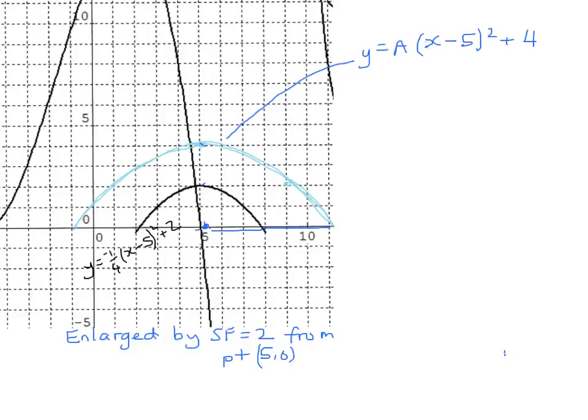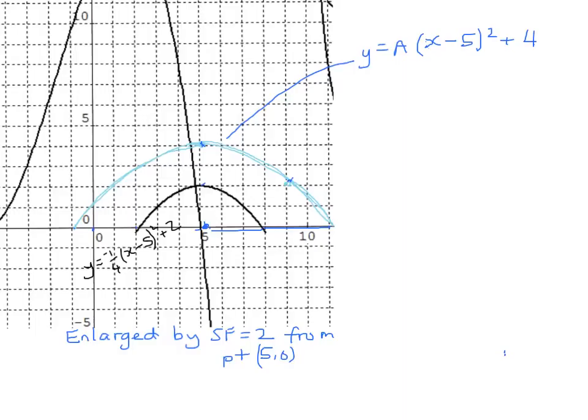And let's have a look at how that affects the coefficient a. So for my new graph, the vertex has moved from (0, 0) across to the right 5 and up 4. So I have this equation.